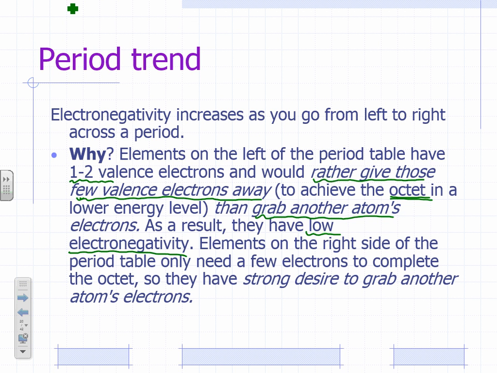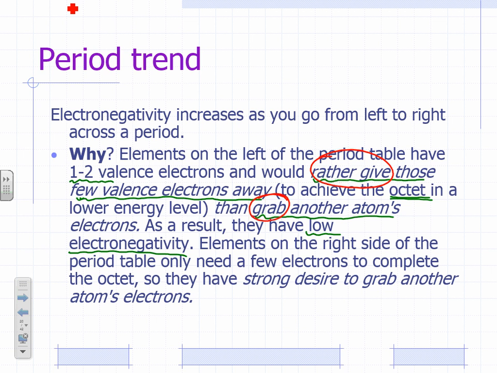This is not a good examination response. We can't use words like would rather give, grab. These are hardly sound technical terms. They imply that the atoms have a choice, that they have a free will.